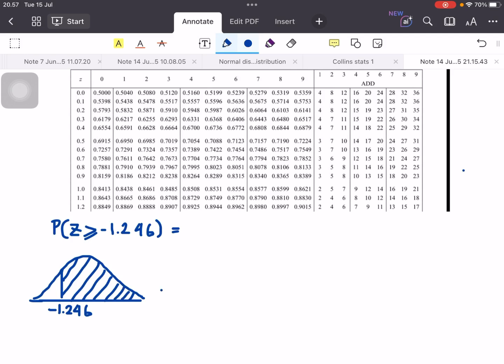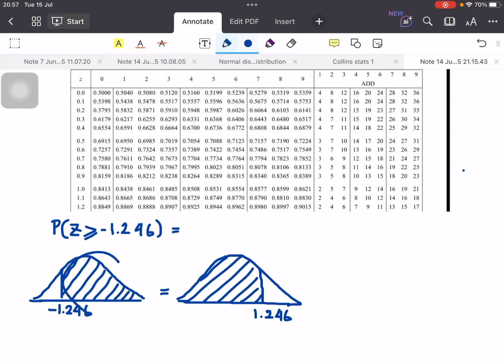So what we need to do now is to flip the diagram so that the value of z will be positive, and use the symmetrical property of the normal distribution. So here is 1.246. The shaded region is this one.